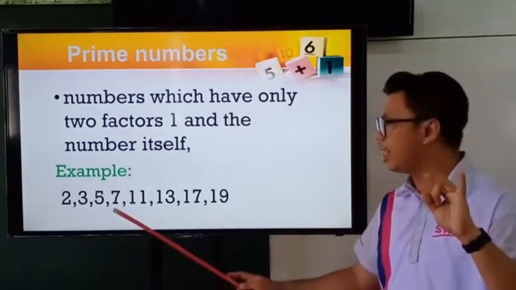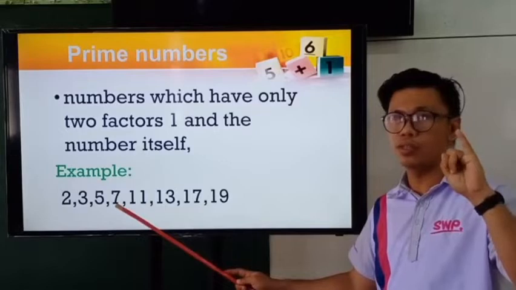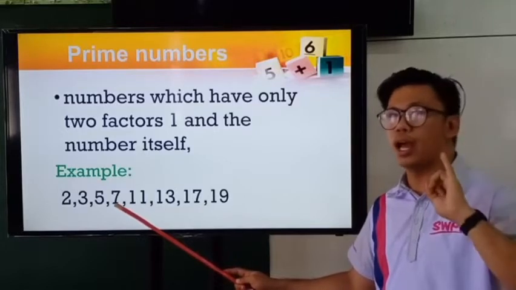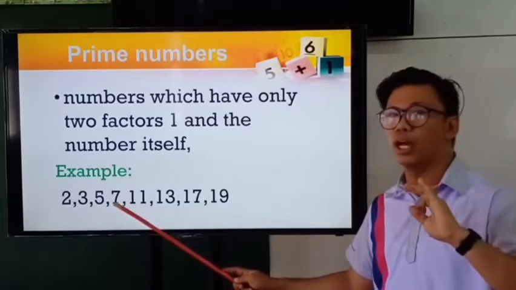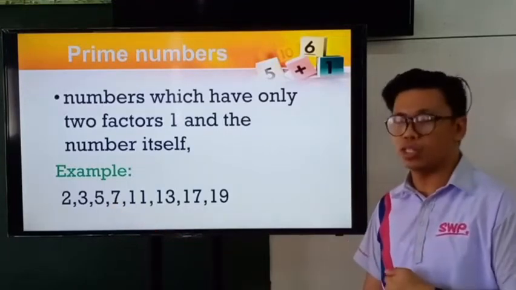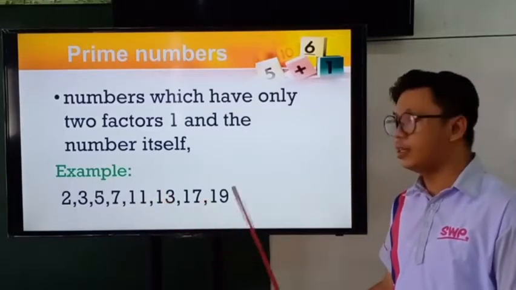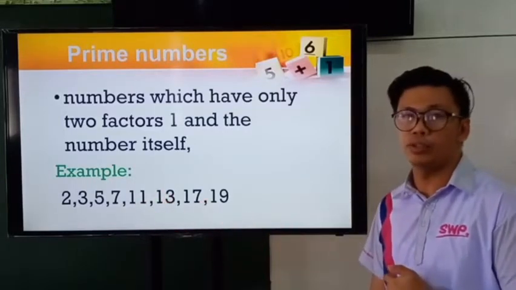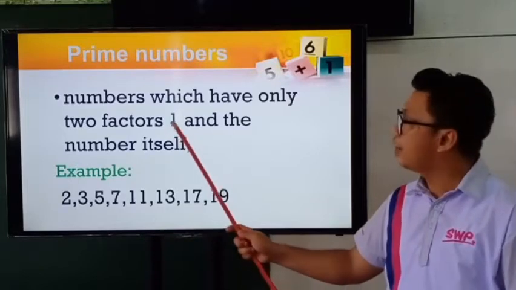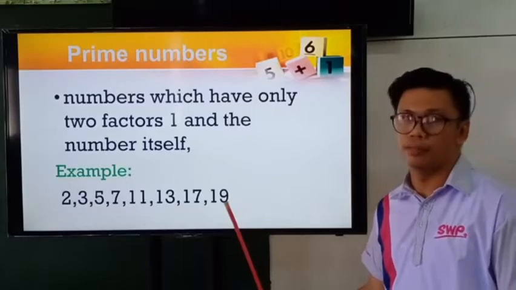We cannot multiply by 2 because 2 times 2 is 4, 2 times 3 is 6, 2 times 4 is 8. So only 1 times 7. And also 11, 13, 17, and 19. Always remember that the factors are 1 and the number itself.